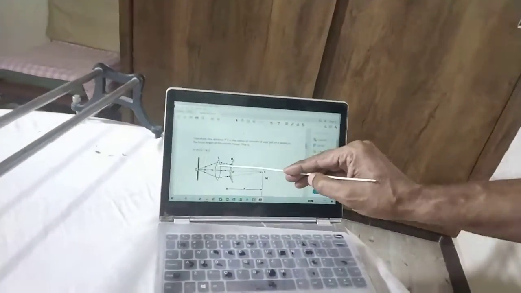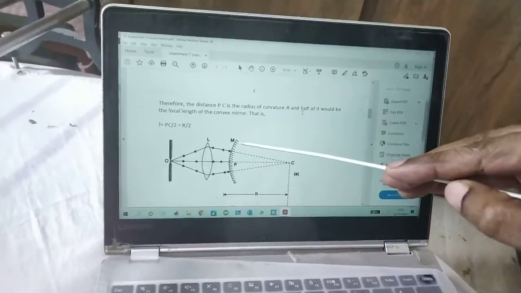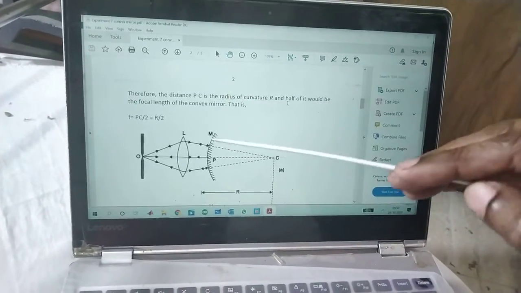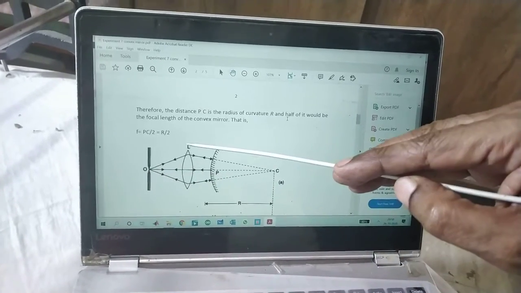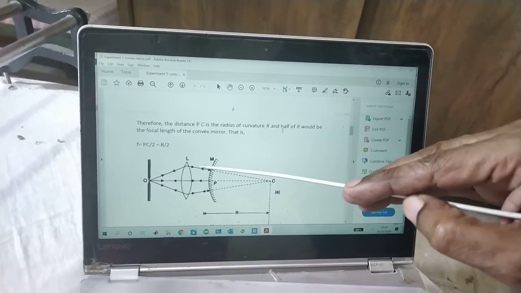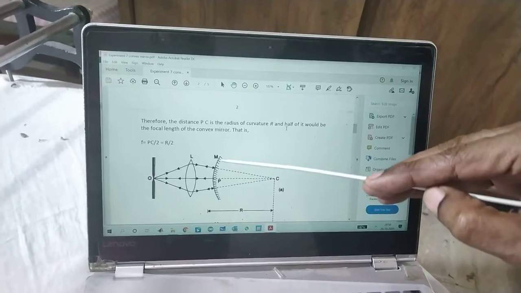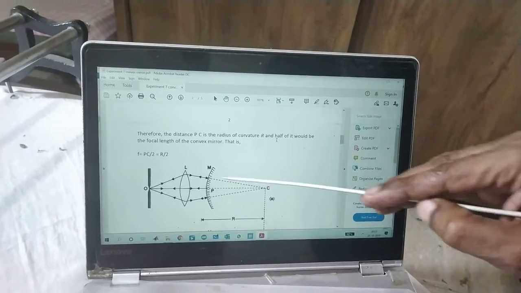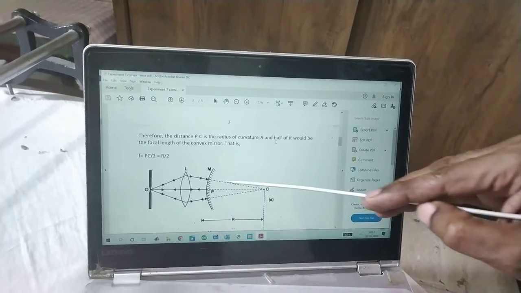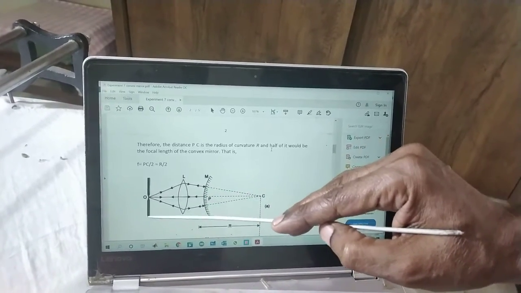If you see this, this is the lens and this is the convex mirror. The ray from this object plane, after refraction, falls perpendicular to the convex mirror. After the reflection, this is the center of curvature, so the image will be formed here.